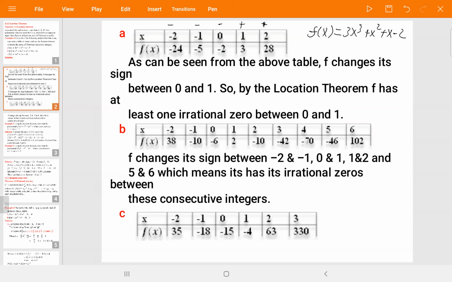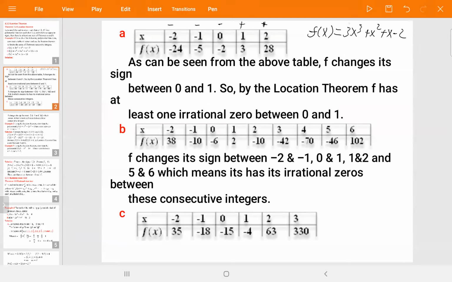If I ask you a question, the maximum number of possible zeros of this polynomial is how many? How many zeros can this polynomial have? 3. Yes, for a given polynomial, the maximum number of possible zeros, or the maximum number of possible factors of a polynomial, is always equal to its degree.